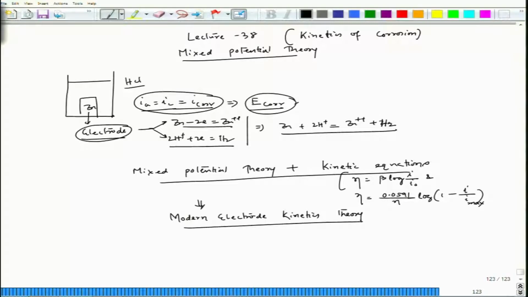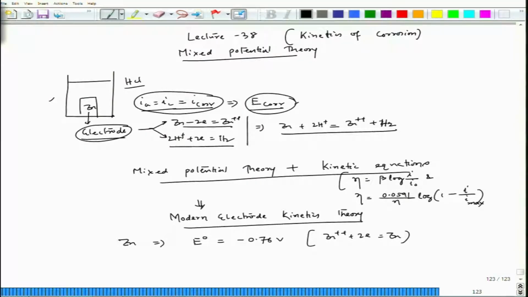Now, to begin with, let us say that for zinc it would have a potential E0 which is minus 0.76 volt, and at that time I have Zn2+ plus 2e equal to zinc. This reduction reaction is actually happening in the standard state.